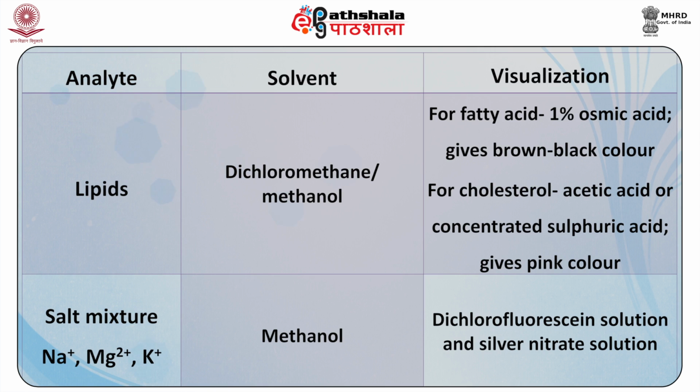Next, lipids. The solvents used are dichloromethane or methanol. For fatty acids, the visualization reagent is 1% osmic acid, which gives brown to black color. For cholesterol, it is acetic acid or concentrated sulfuric acid, which gives pink color. Next, for salt mixtures of sodium, magnesium and potassium, the solvent used is methanol and the visualization reagents are dichlorofluorescein solution and silver nitrate solution.